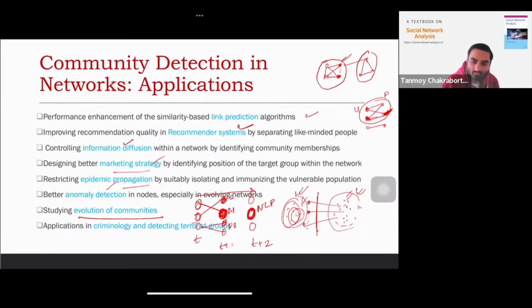So over time, papers of AI, papers of pattern recognition, papers in statistics, they cited each other. And during this cross citation, a new community has evolved. So we basically try to understand how a topic evolves over time, how a particular idea evolves over time.